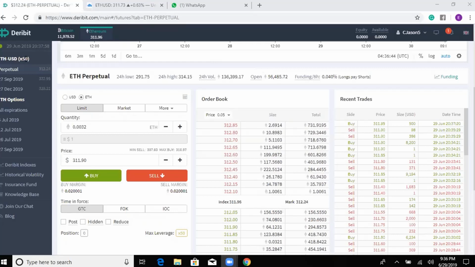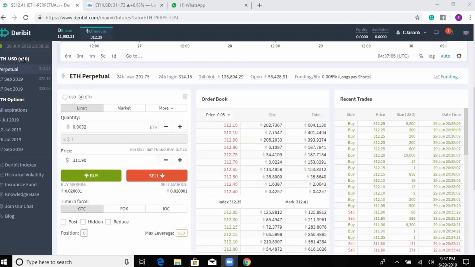So for every percentage value that Ethereum makes, you make 50%. That's what it means when we say it puts you on 50x leverage.